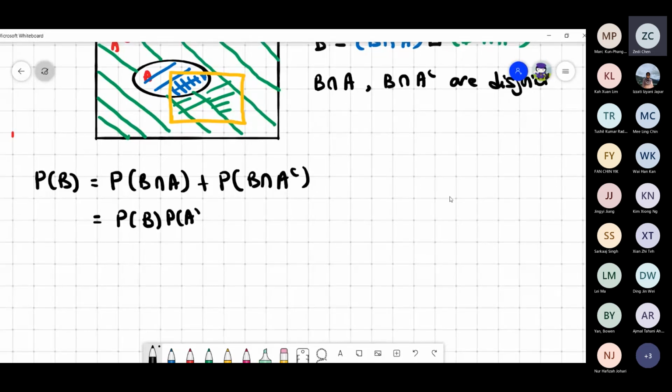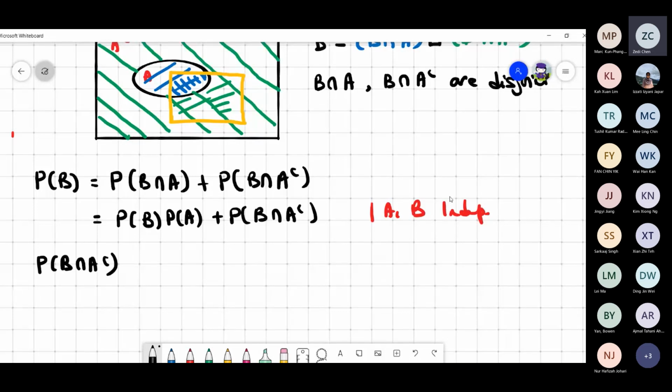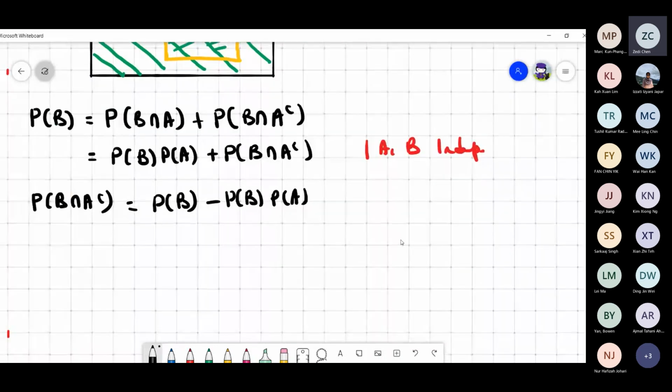I think after this it will be straightforward. We have P(B)P(A) plus P of B and A complement. This is simply because A, B are independent. So we rephrase this, and it ends up that P of B and A complement will be P(B) minus P(B)P(A). I think the remaining is straightforward calculation.